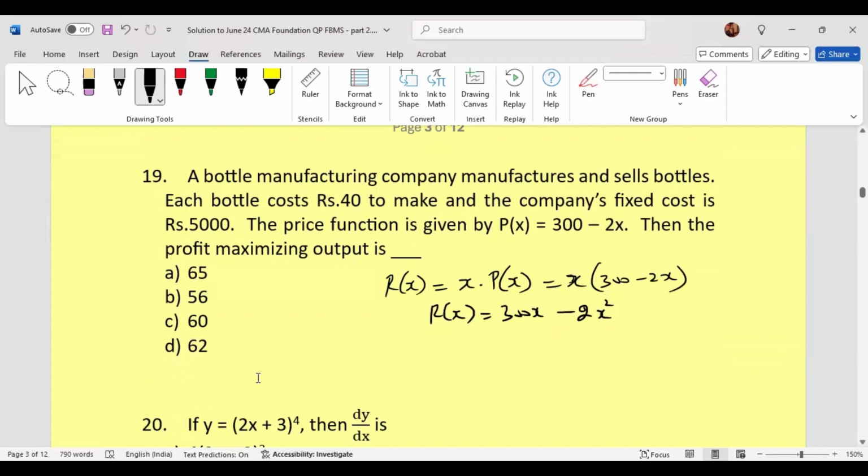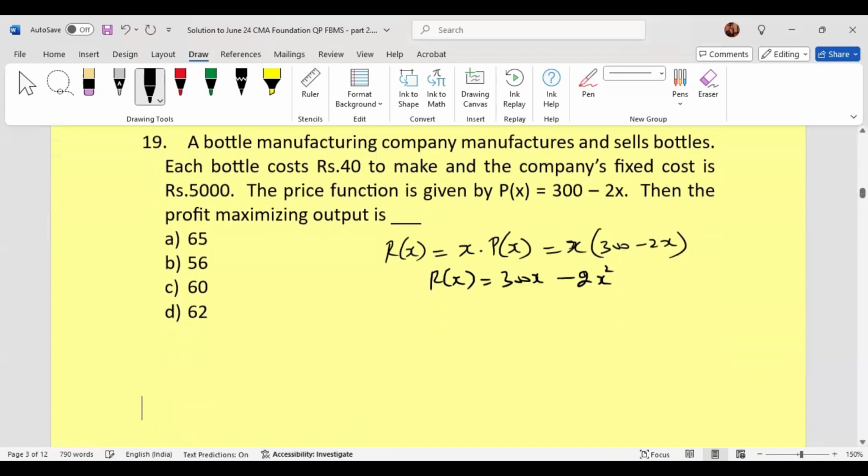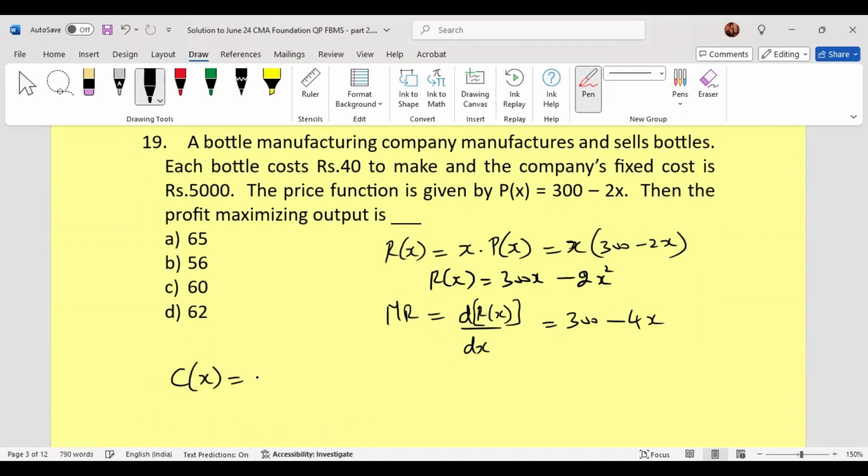Now, marginal revenue will be the derivative of total revenue. That will be 300 minus 4x. Then the cost function: fixed cost is given as 5,000. 40 rupees is the variable cost, for per unit.